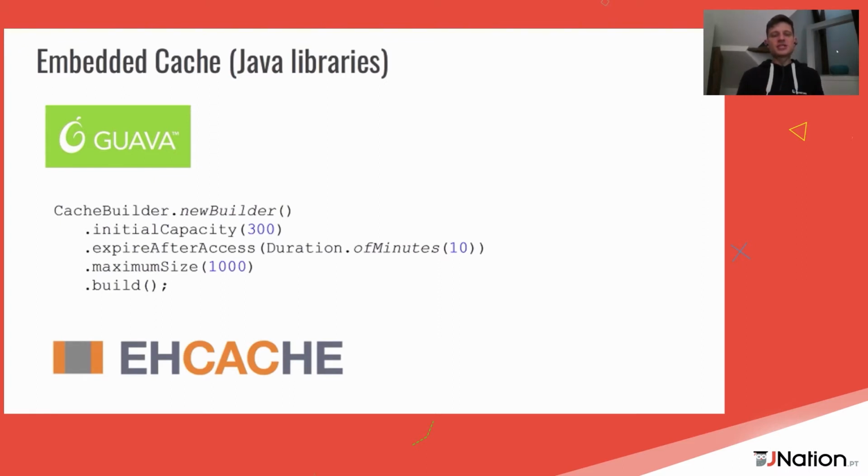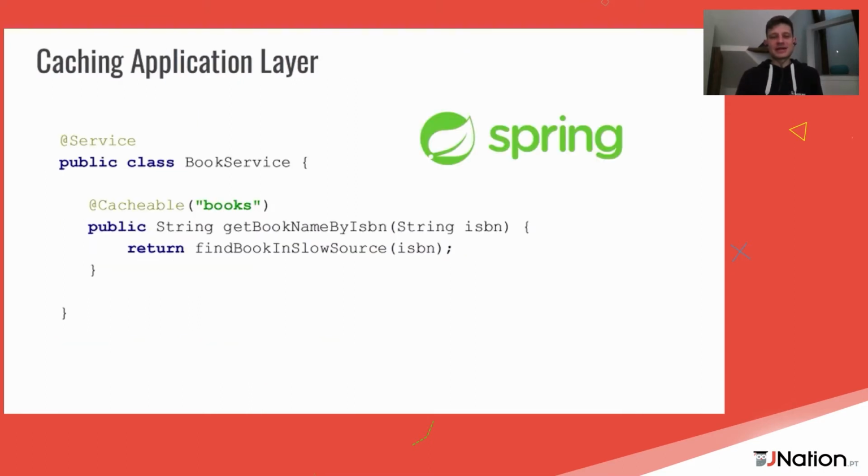Now, if you think about caching, we could move it even one layer higher and put it, not really write the code "is it in my cache", but put it in the application layer. And if you happen to use Spring, like most of the Java world, this is how you would use caching.